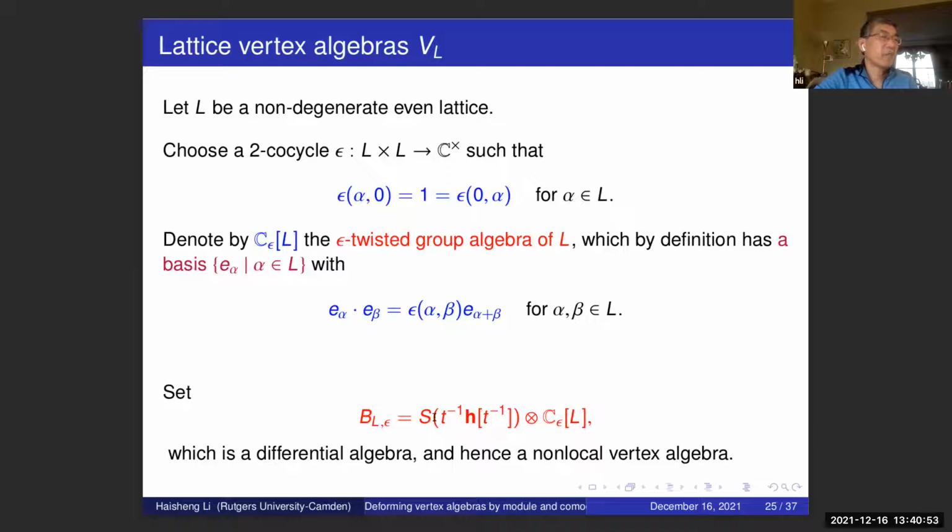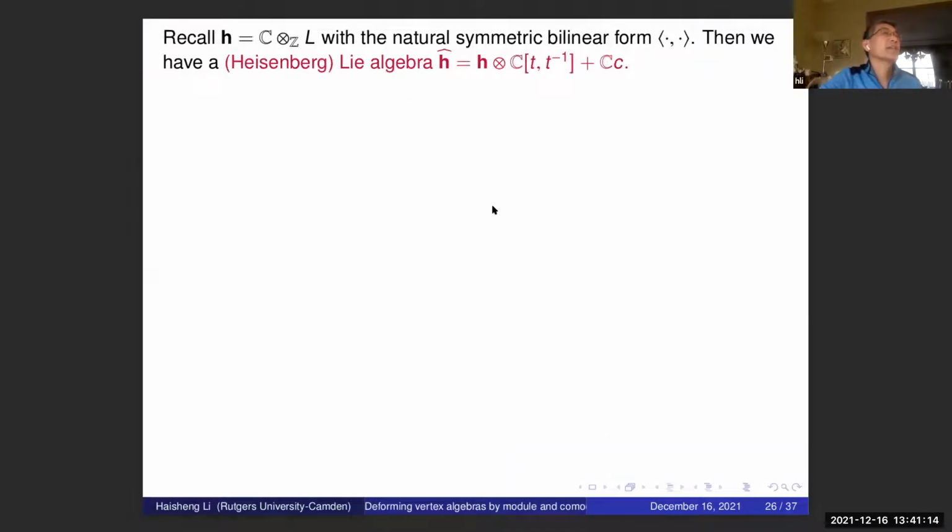Like before, here we use at the bottom, the red one, BL epsilon. Because of the twist, this time it is not a bialgebra, it is just a differential algebra. So this is a non-local vertex algebra also, because you have derivation.